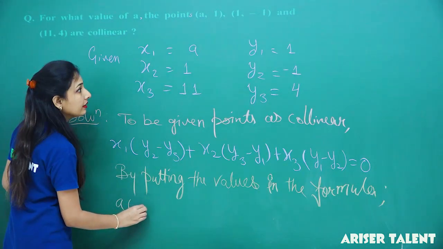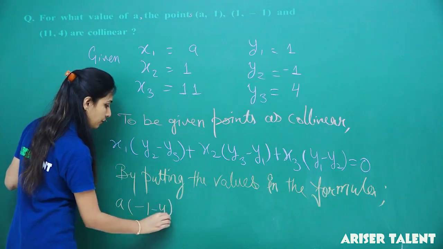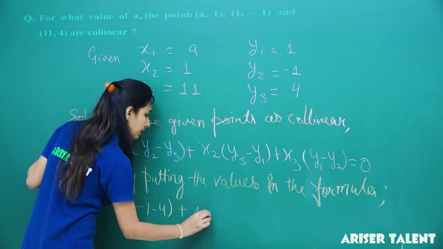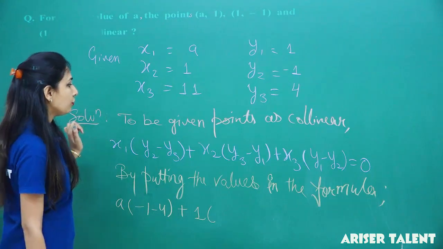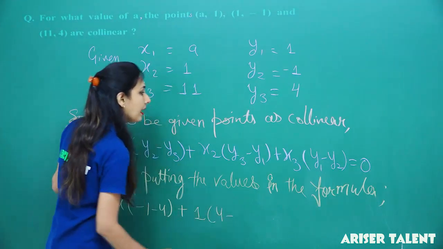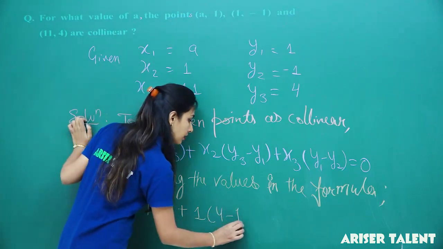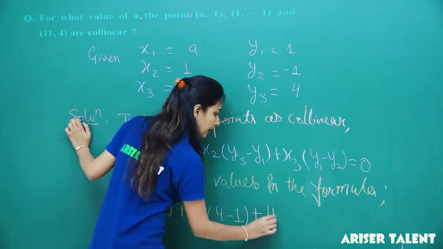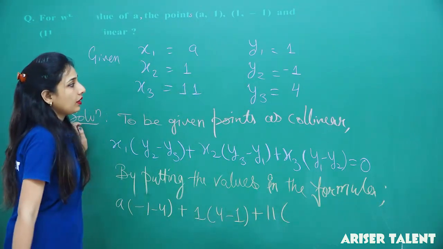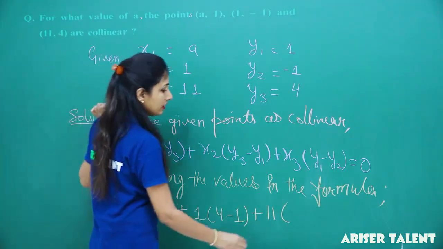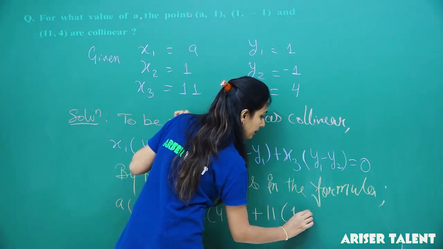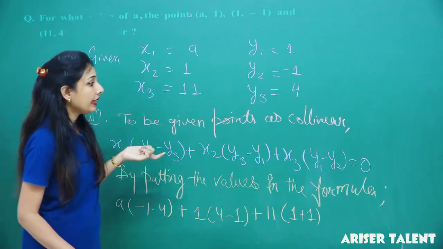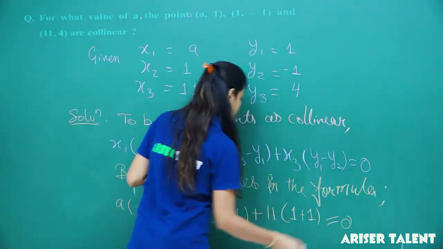So y2 is minus 1 and y3 is minus 4. Then plus x2, which is 1, multiplied by y3 which is 4 and y1 which is 1. Plus x3, which is 11, multiplied by y1 minus y2, so y1 is 1 minus minus 1 is plus 1. Then this should be equal to 0.